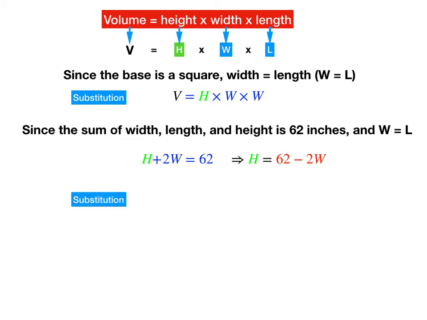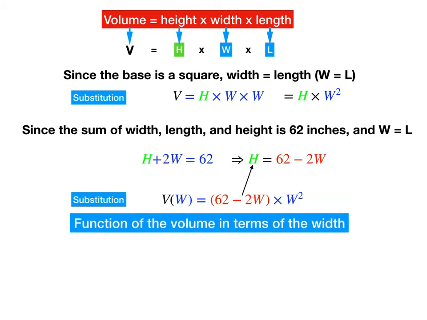We use substitution again. Keep in mind that in the previous equation, we found the formula for V, and we can combine w times w to be w squared. So V equals h times w squared. Now that we found a formula for h in terms of w, we can substitute h by 62 minus 2w into the volume formula to get the volume in terms of the width: V equals 62 minus 2w, multiplied by w squared.